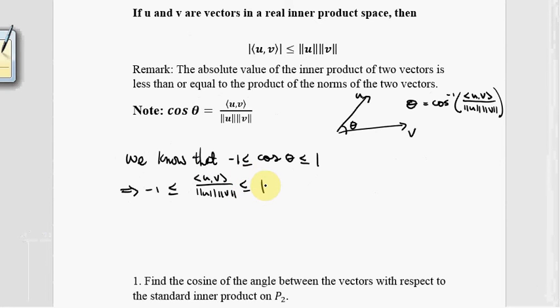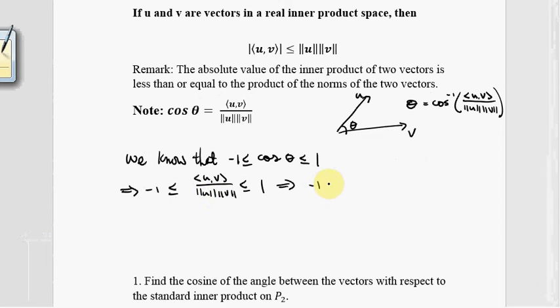Now, multiply it through by the norms in the denominator.